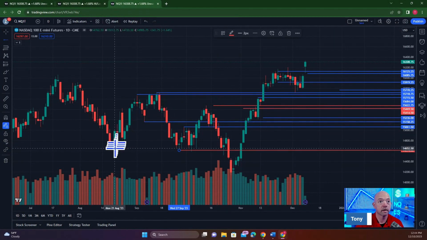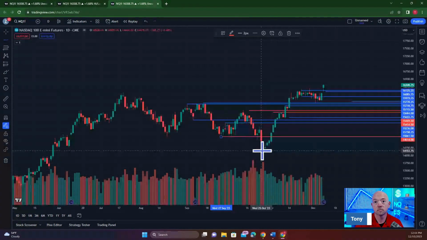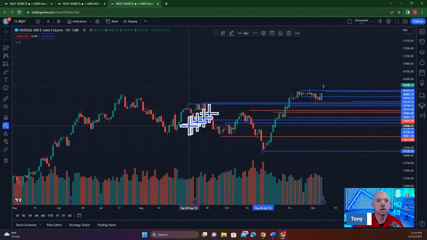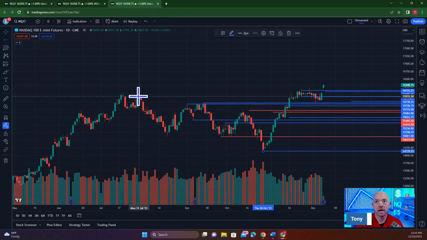Get that one in red. See, a lot of stuff at that level. That's a good level. You want to get this bottom here. Again, you're just looking for the major areas. So we already got that one. Man, that's a pretty strong area right there.